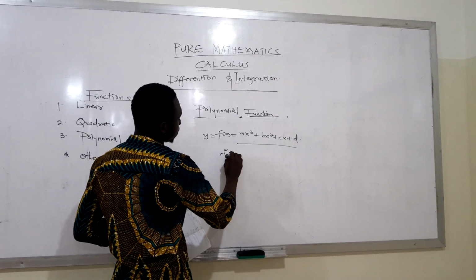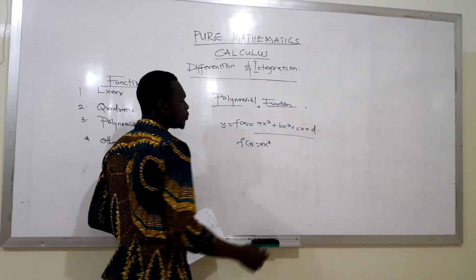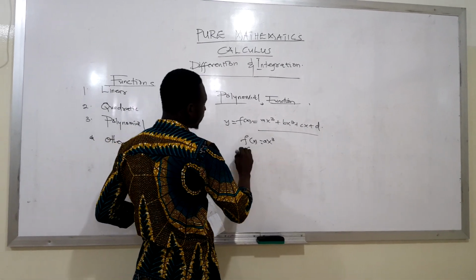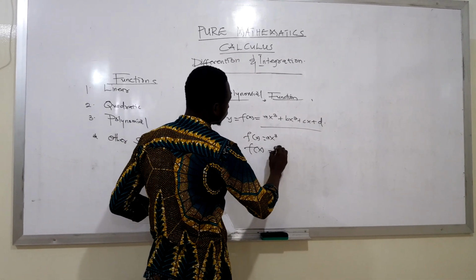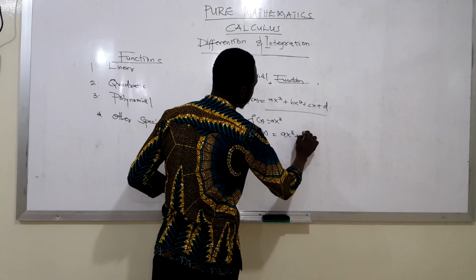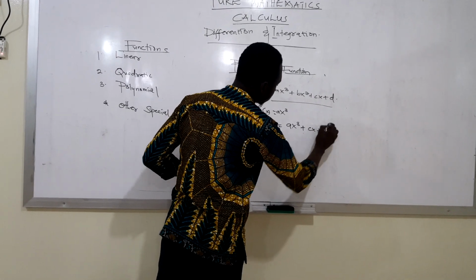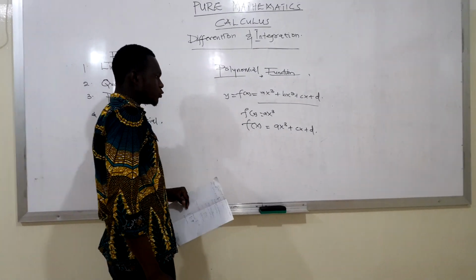F of x can also be x cubed, which is a polynomial function. F of x can also be ax cubed plus cx plus d, which is also a polynomial function.